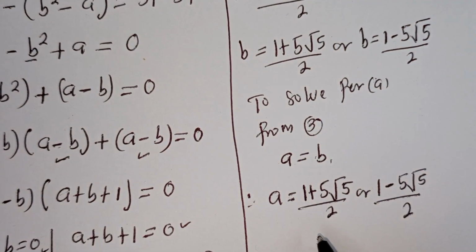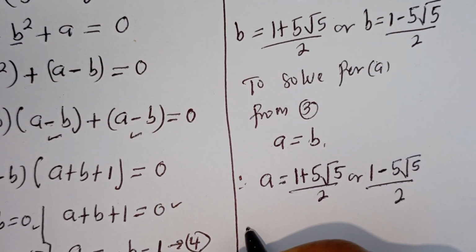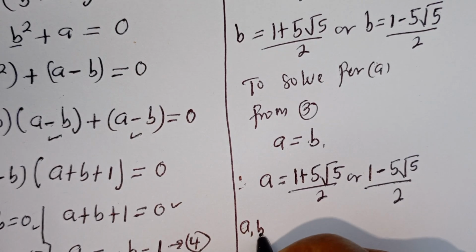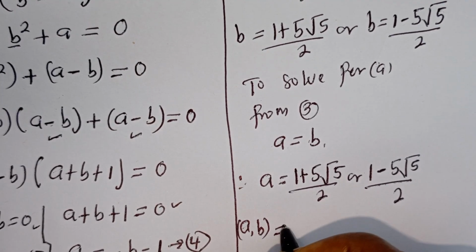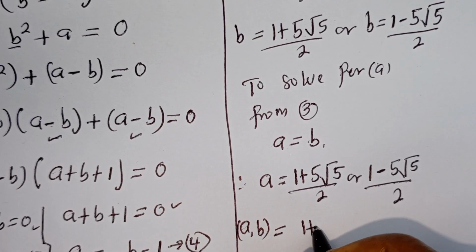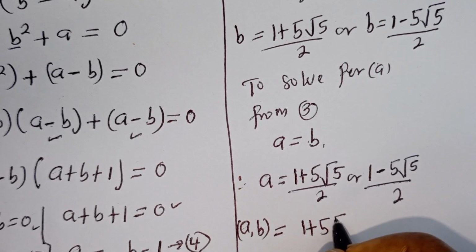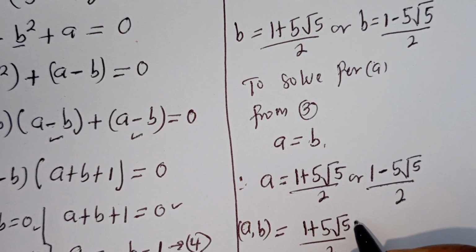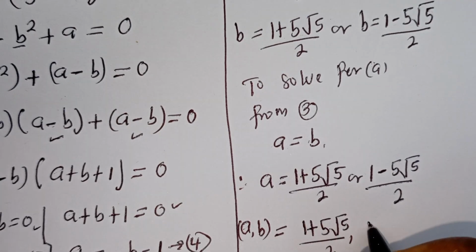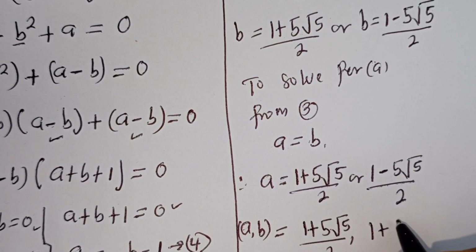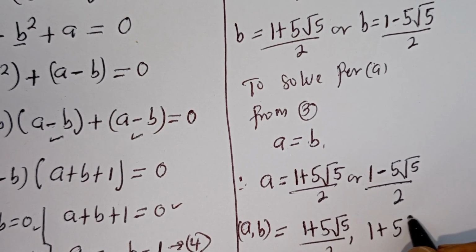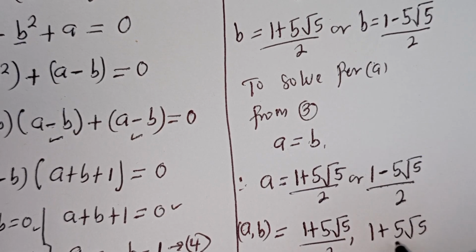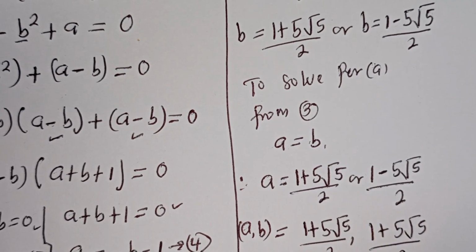Therefore, our final answer from the first case are a comma b is equal to 1 plus 5 root 5 over 2, comma 1 plus 5 root 5 over 2.